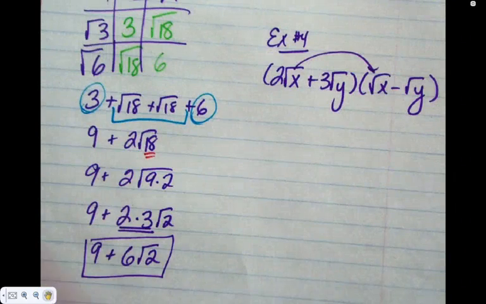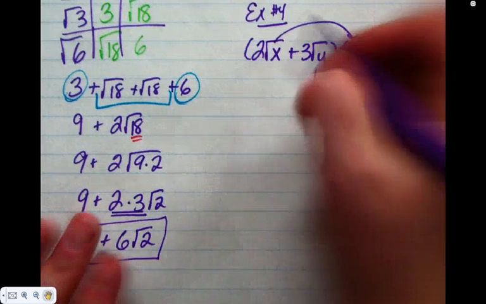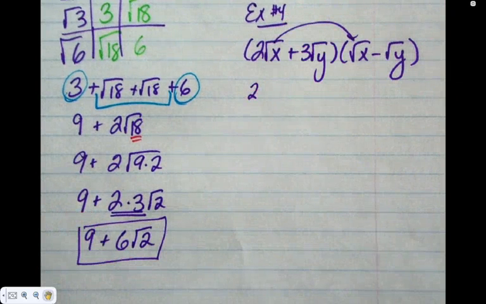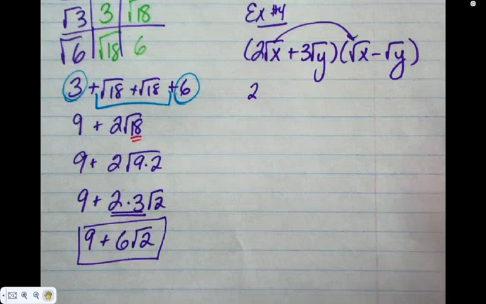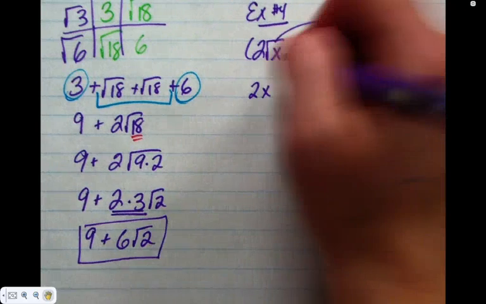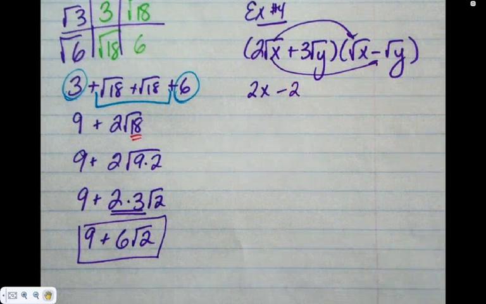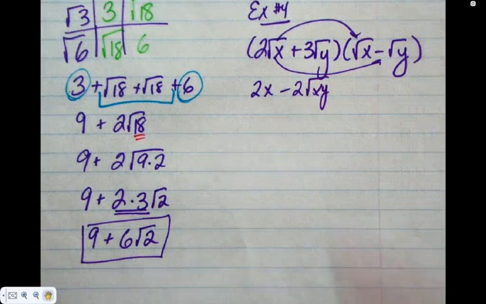So 2 root x times root of x, coefficient times coefficient, radical times radical. So 2 times 1, 2. Root of x times itself, x. And again, if your brain went to root of x squared, that's fine. The root of x squared is x. That's where it's coming from. The outside, negative 1 times 2 is negative 2. Root of xy, it's just root of xy. So I'm just going to put those radicands together.